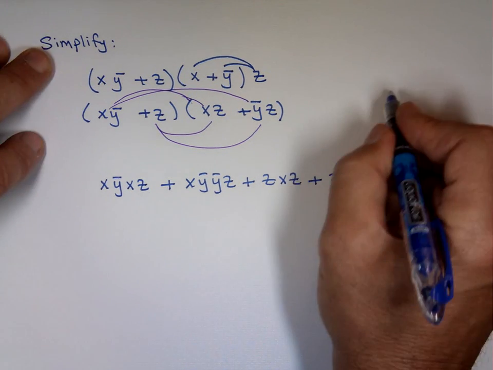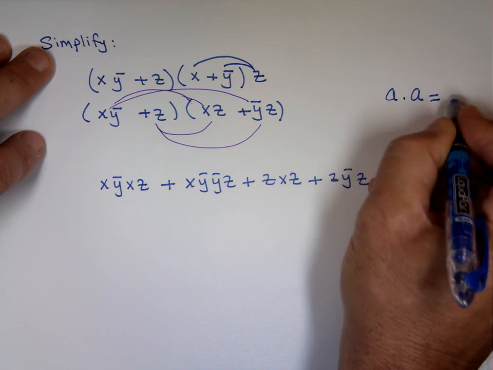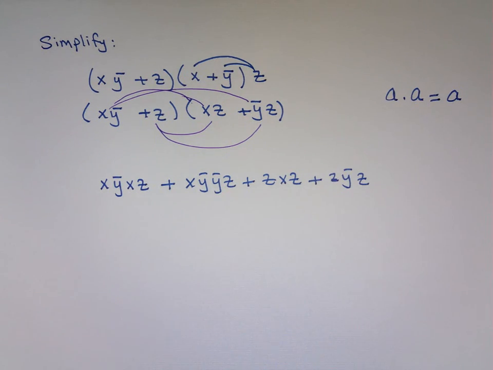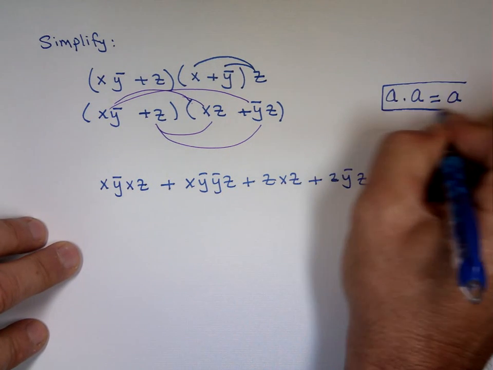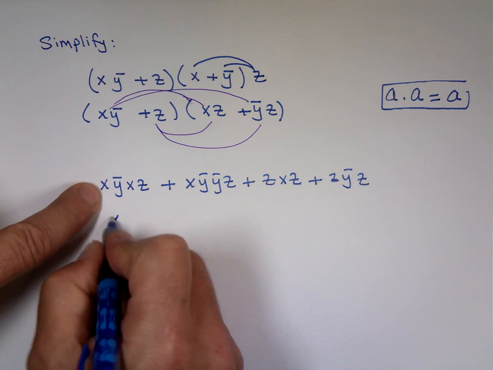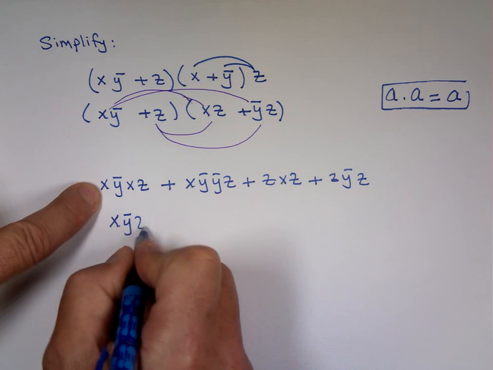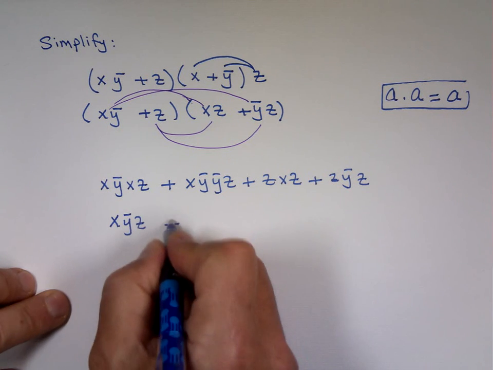We have a rule that says if you have a times a, if they're the same thing, what's the answer? A. So when you see x twice, you don't have to write it twice. I see the y bar twice, I'm not going to write it twice.